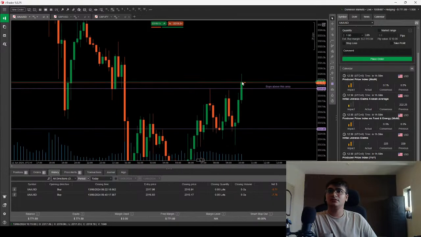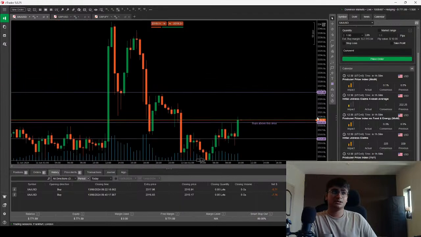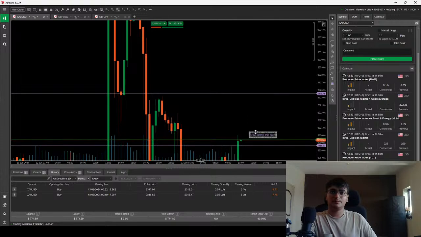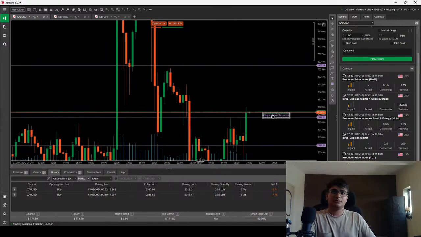Okay, it did close above. Now this candle should be testing these areas, retesting these areas, and then could go up. So then we can take buys. So that is our trade.